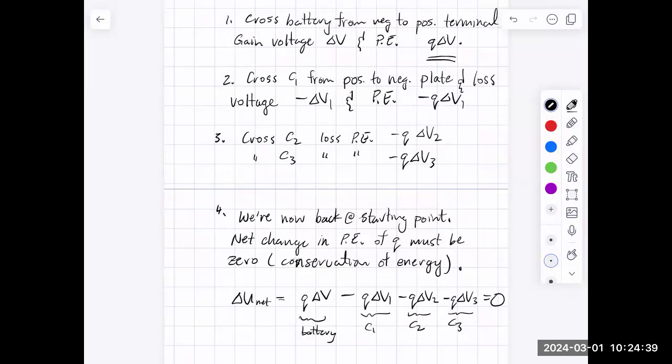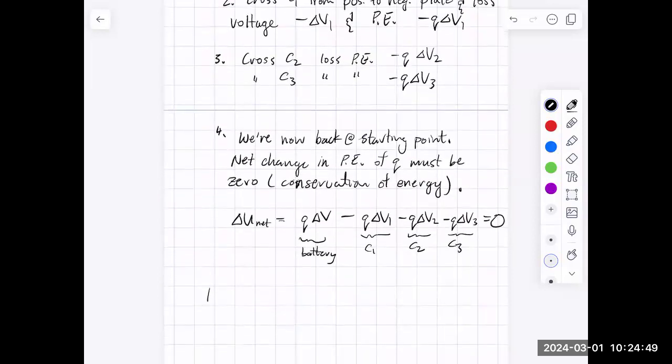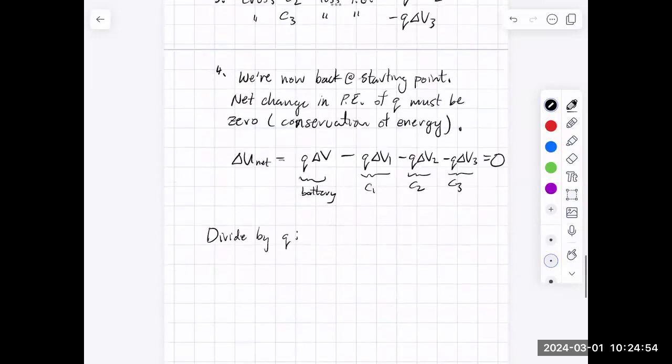But if you look at this, every single term in our expression involves the same factor of Q. And so we can just divide everything by Q. So we divide by Q, and then we end up with delta V minus delta V1 minus delta V2 minus delta V3 is equal to 0. And this tells us that if we keep track of all of the changes in voltage around a circuit, they must sum up to 0.